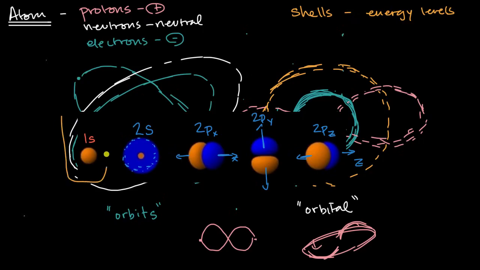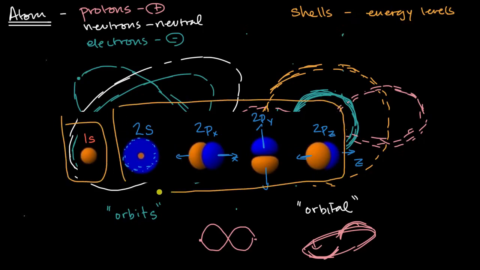So this is a shell right over here. This is another shell. Now you'll also hear the term subshell, or sometimes people will say sublevels. That's where they're talking about s or p or d and eventually f.